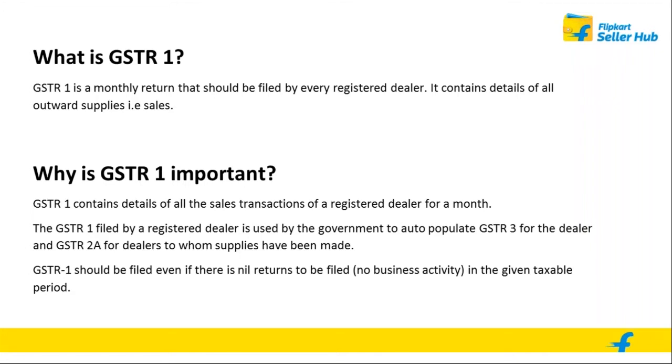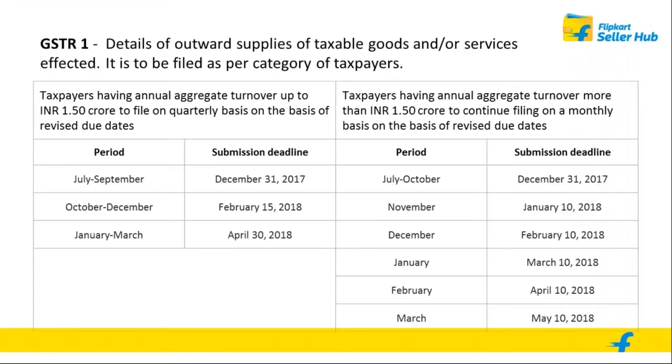Likewise, you have GSTR2A for the dealers for whom supplies have been made. So all of the reports in GST returns that we filed, they're all interlinked. Majorly from your end, you will have to take care of your GSTR1. That'll auto-populate your GSTR3 and GSTR2A for the dealers.